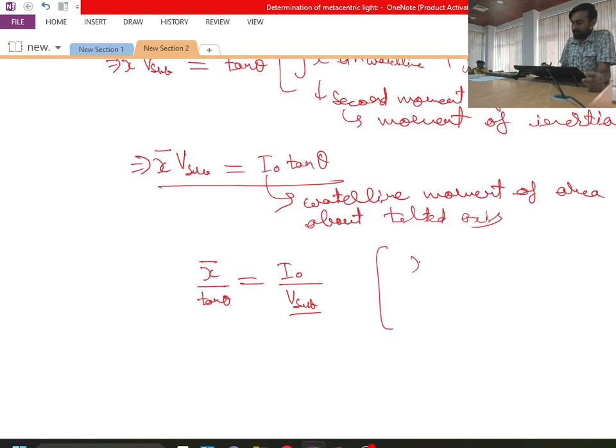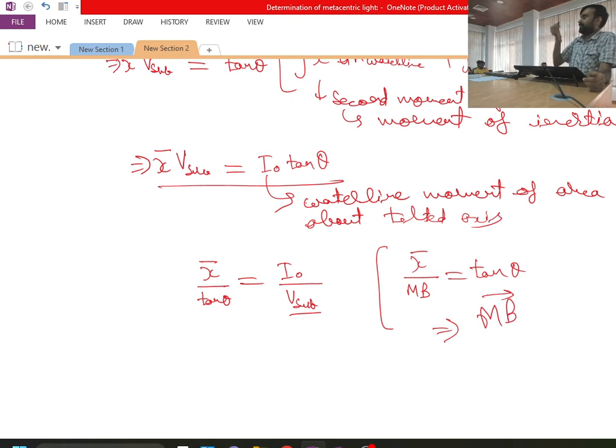From this geometry, x bar by MB equal to tan theta. So from here, let me write it in vector only, distance from M to B. So the MB vector has become, I will be putting bar over this in order to represent the vector sign, x bar over tan theta.